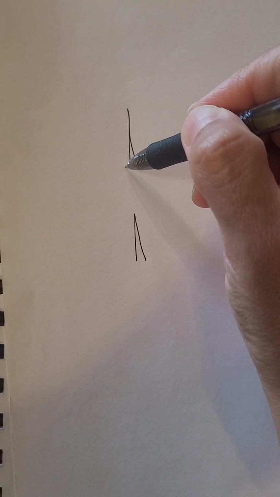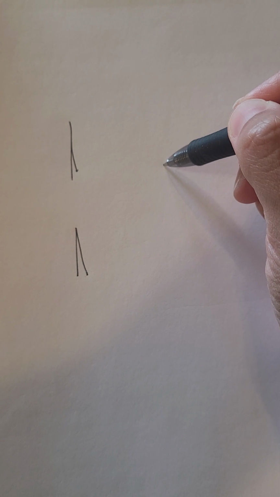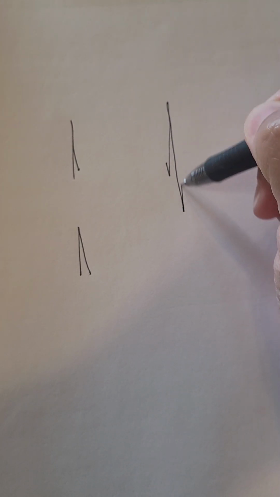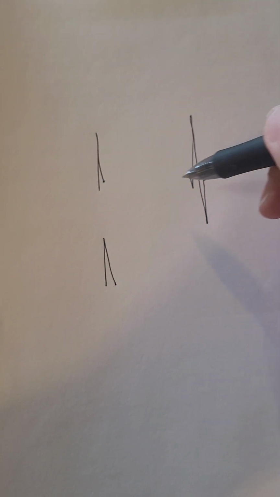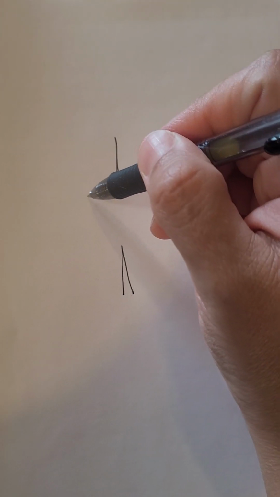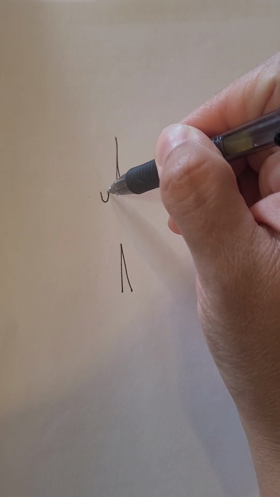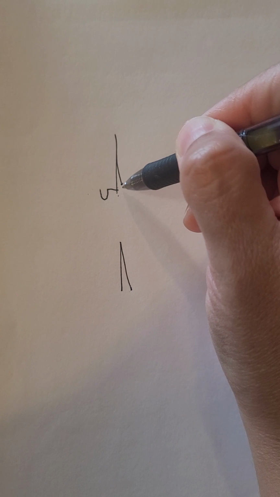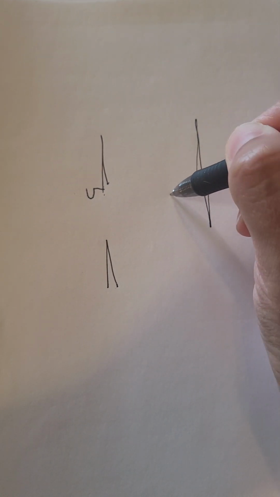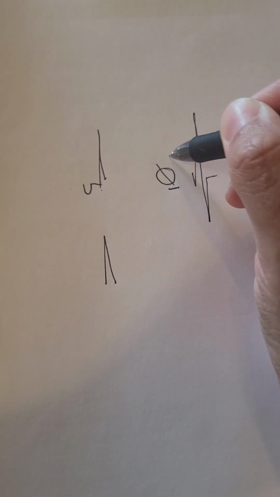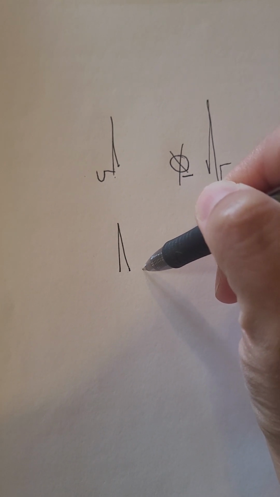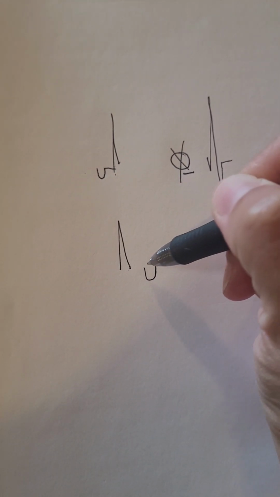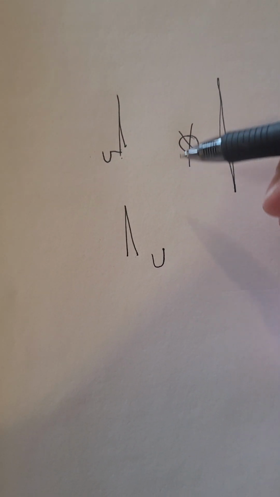What all that is saying is, you have a QRS, and I just write it like that. Really, it's supposed to go like a QRS, but you get what I'm saying. So it's either going to be inverted and very close to the QRS, no P wave at all, or it's going to come after the QRS and inverted.